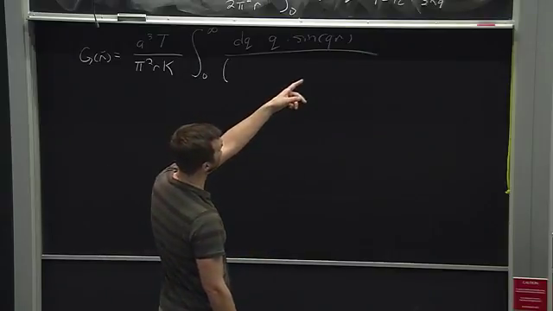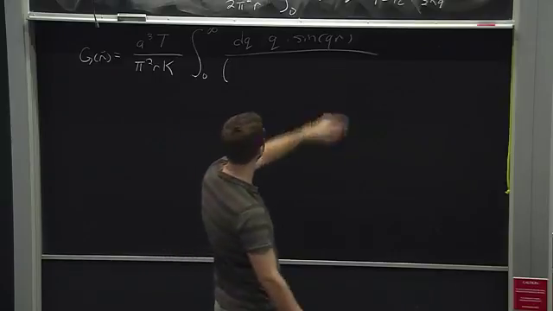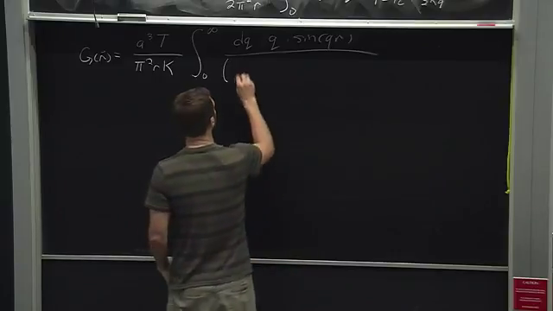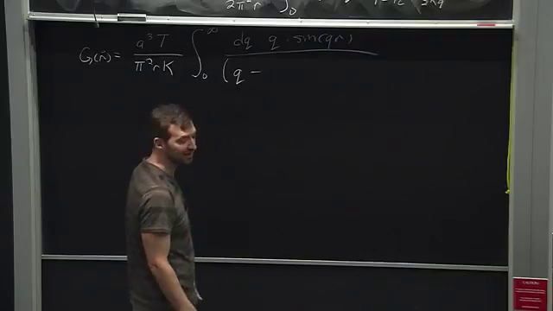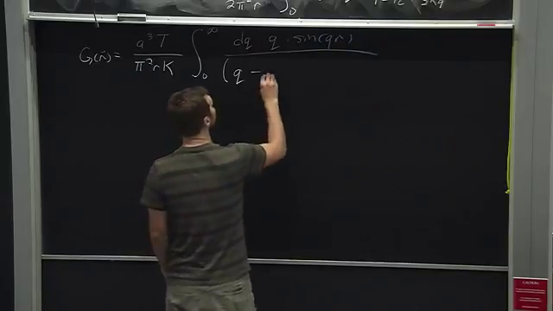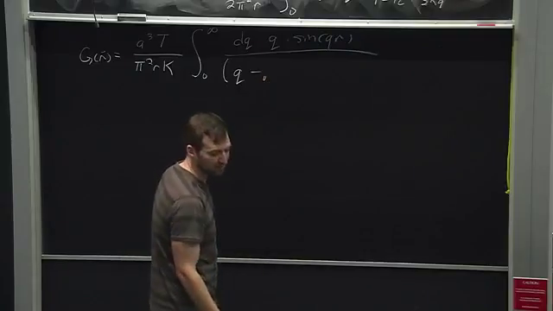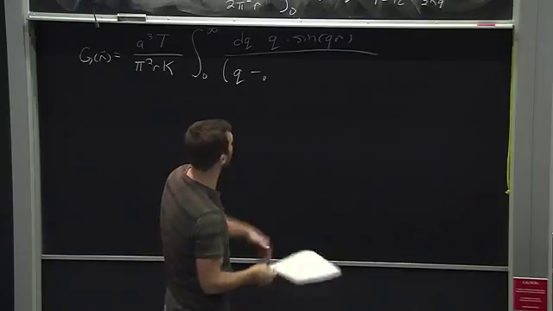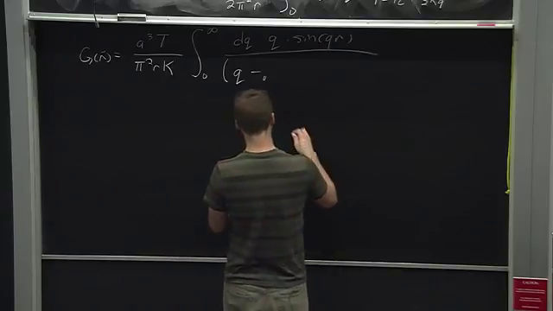You've got to complete the square on that thing. So it's q minus i times something, right? And you're going to have to take a square root of basically that mass term.